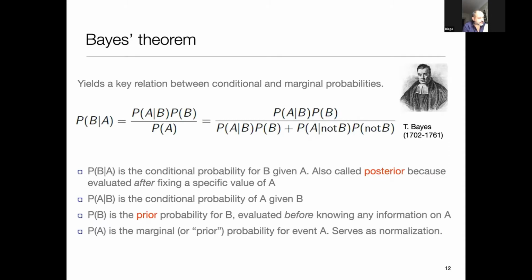P of B given A is typically called the posterior probability because P of B is evaluated after fixing a specific value of A. And then if you take P of B given A as a posterior, P of A given B is the conditional probability of A given B, which you multiply by P of B, which is called the prior probability, because it is evaluated before, so prior to knowing any information about A.